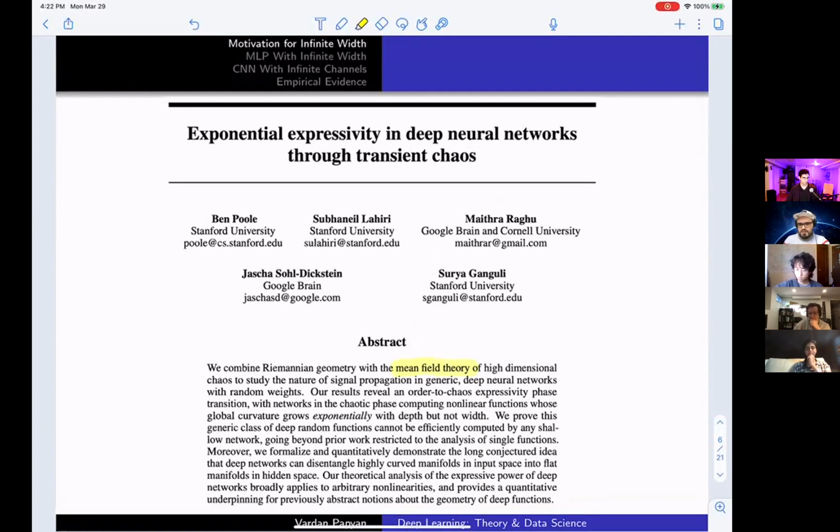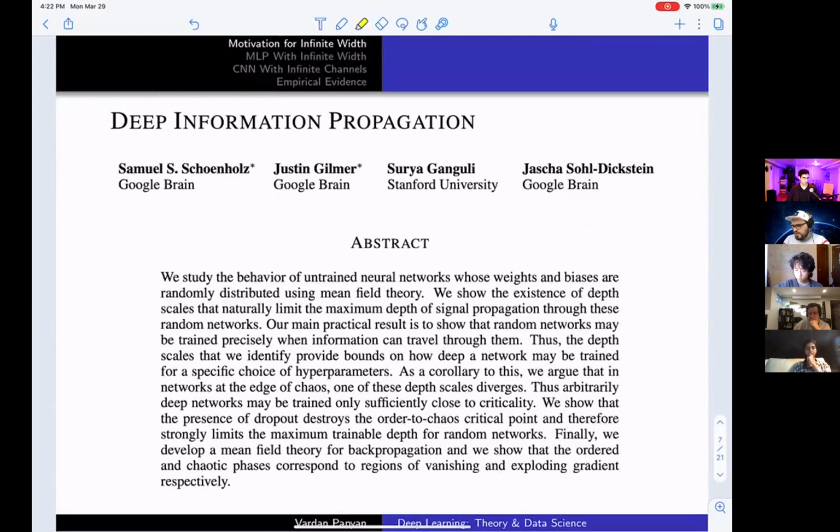It's like their way of saying infinite width. So here you can see infinite width, and here you can see mean field theory, infinite width, and so on. I don't want to go into details of what these works are doing, because I will soon explain what is happening for an infinite width network in my own words.